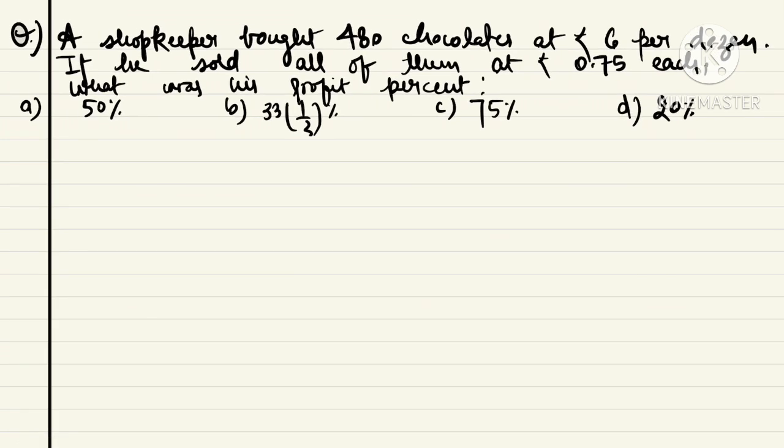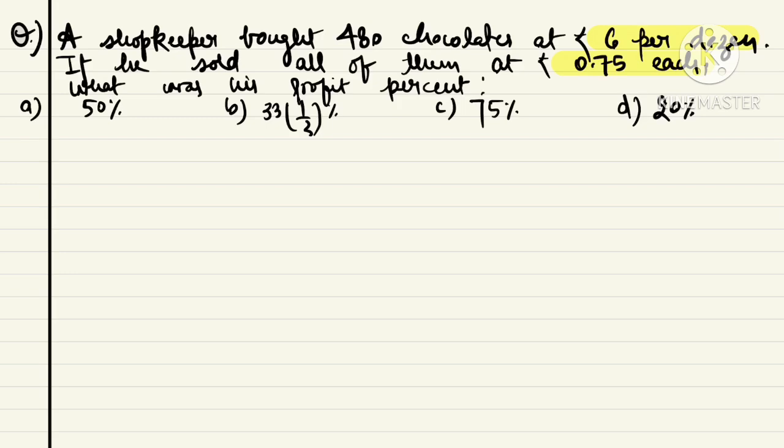Okay, so in the next question it is given, a shopkeeper bought 480 chocolates at 6 per dozen. Fine. If he sold all of them at rupees 0.75 each, so selling price is 0.75, what was his profit percent? Here, irrespective of the number of chocolates, we need to focus just on the profit or loss percent on a single chocolate, because whether it is the whole number of chocolates or a single chocolate, the profit or loss percent will be the same, right?